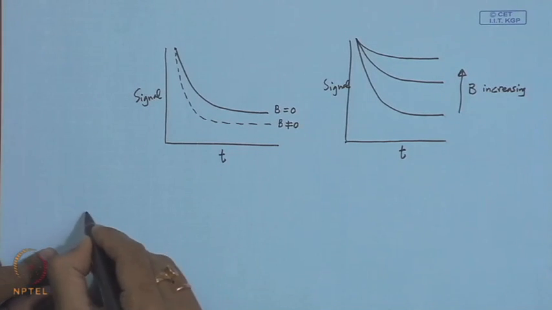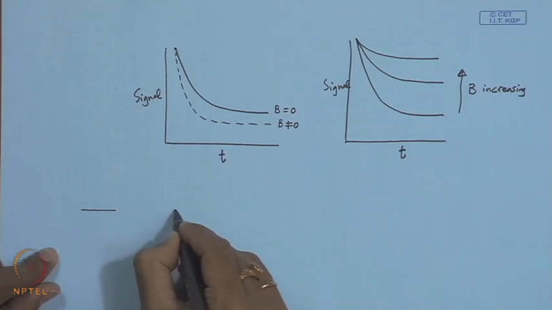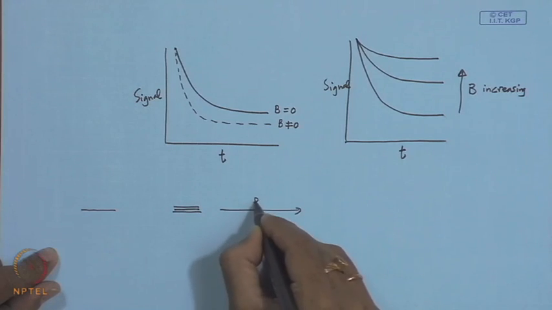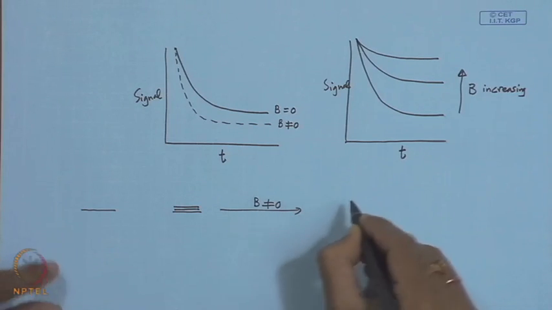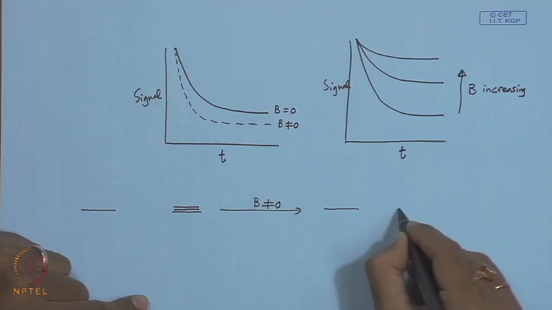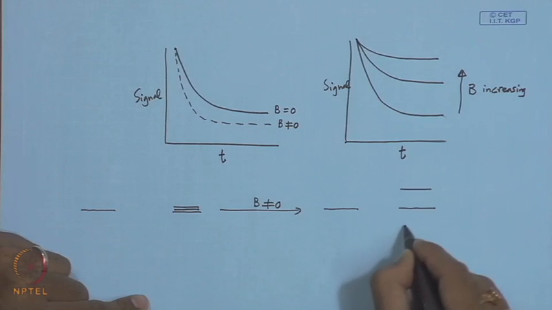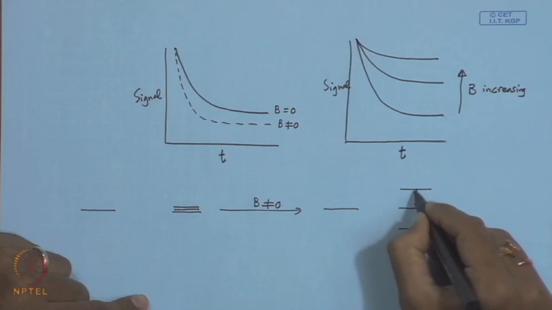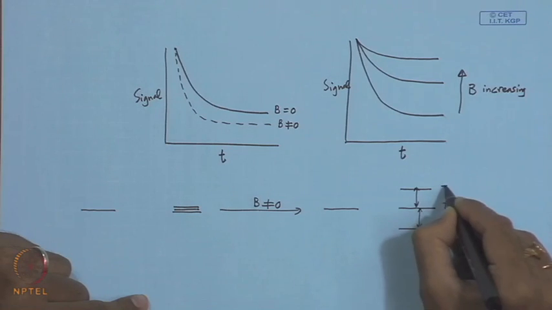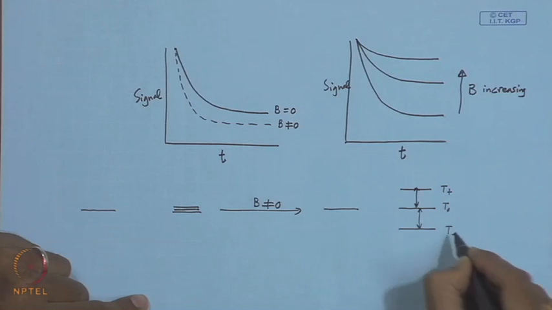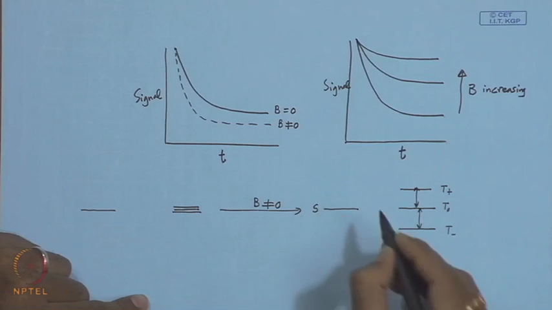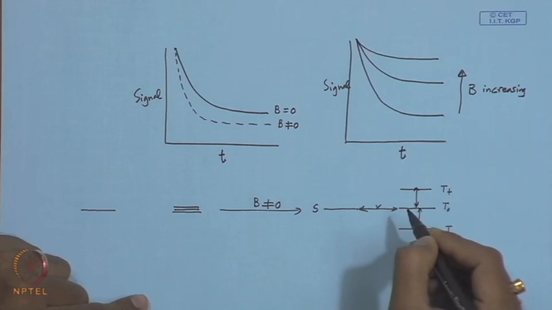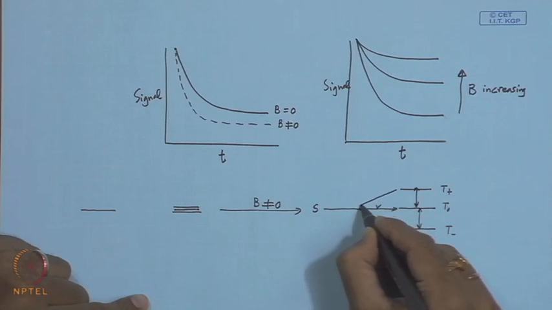Okay. So that means you have this energy level diagram. In the absence of an external magnetic field, you apply B not equal to 0, then you have this option: T0, T plus, T minus, and this is your S. So this channel remains open, and depending on the field strength, these channels are progressively blocked.